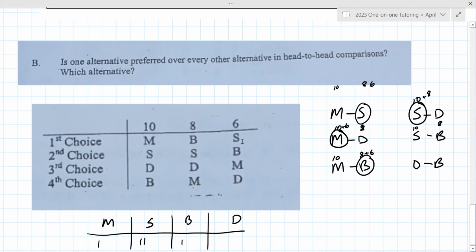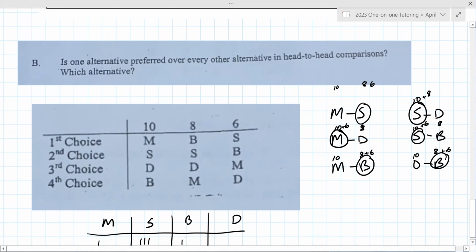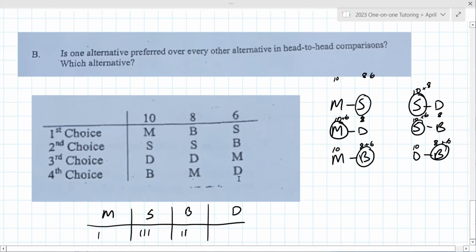And in the last one, S is above B, so it has 6. So S wins. So S actually has 3. And then D versus B. D is above B, so that's 10. B wins the middle one, that's 8. B wins the last one too, so B wins that. So if you go by pairwise, S is preferred, and then B, and then M.